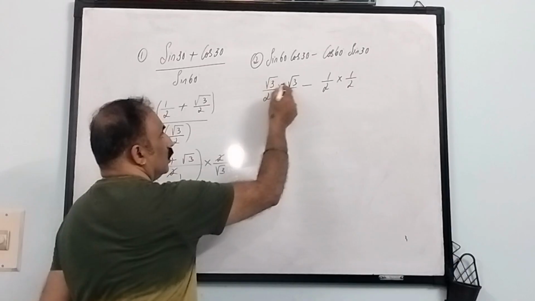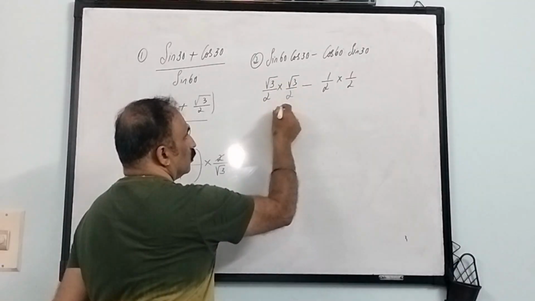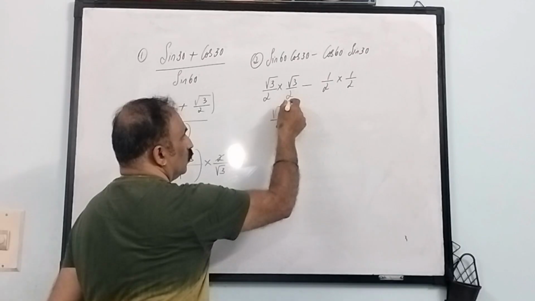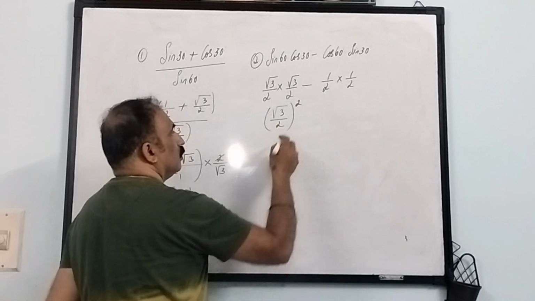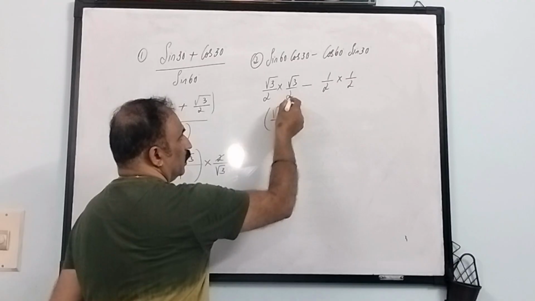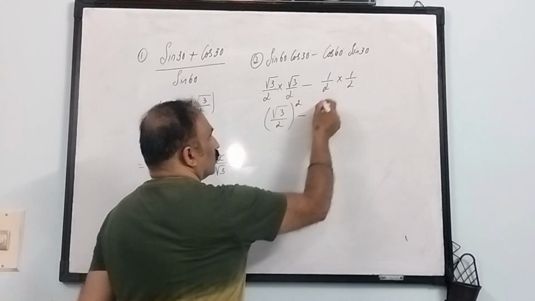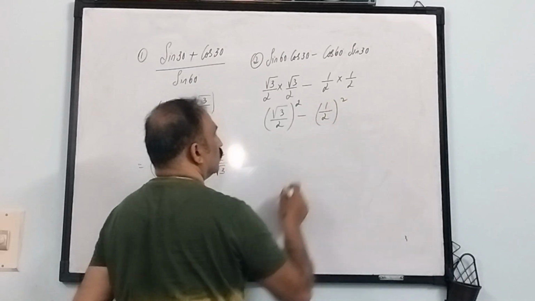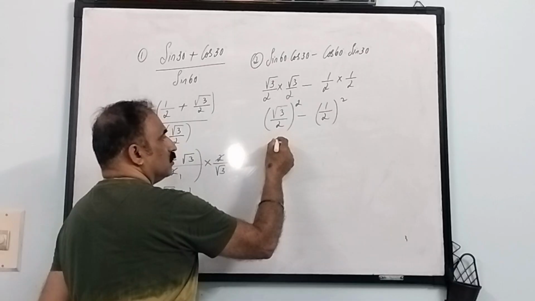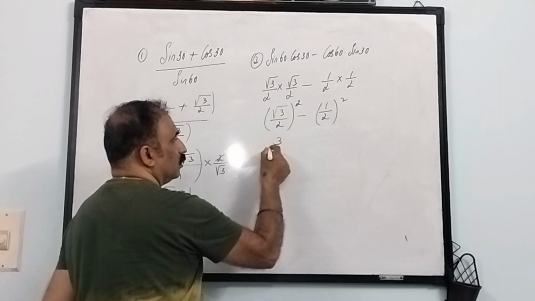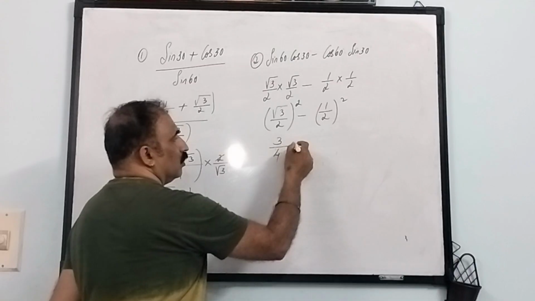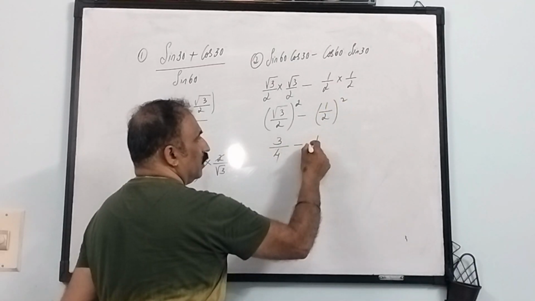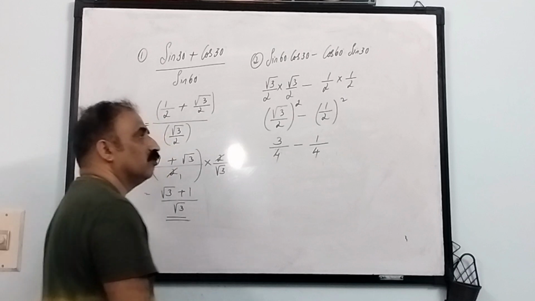Now root 3 by 2 into root 3 by 2 is root 3 by 2 whole square, or root 3 into root 3 is 3 and 2 twos are 4. Minus 1 by 2 into 1 by 2 is 1 by 2 whole square. Square and square root cancel. 2 square is going to be 4, minus 1 square is 1, 2 square is 4.